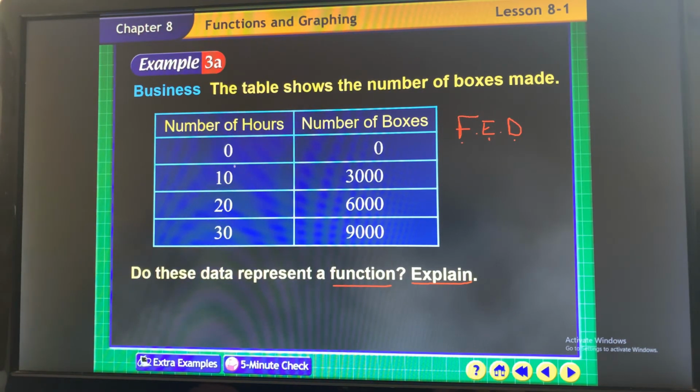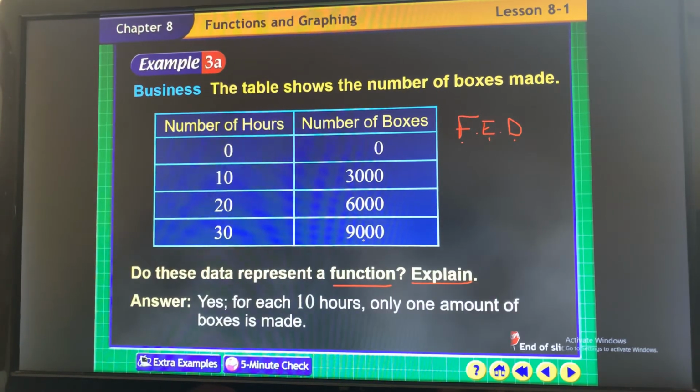For every number of hours, there's a unique number of boxes made. Or you could say for every 10 hours, there's 3,000 boxes made. That's your explanation. Your description is saying for every 10 hours, the number of boxes increases by 3,000. It's describing exactly what's happening in the story.